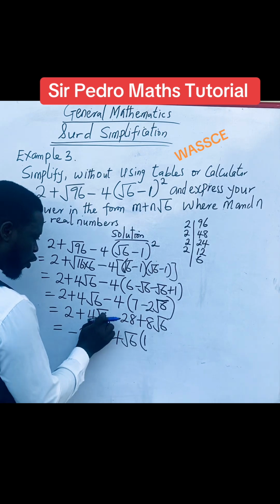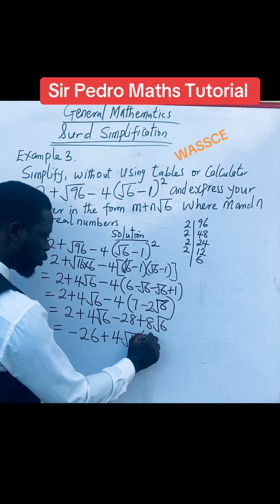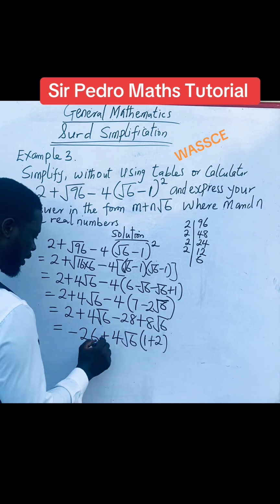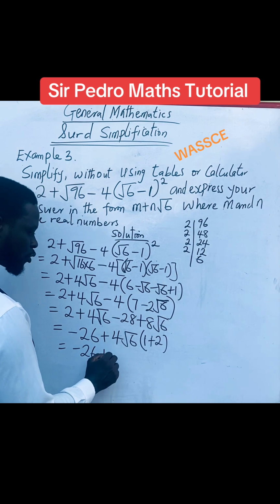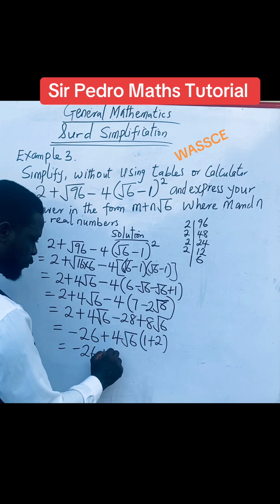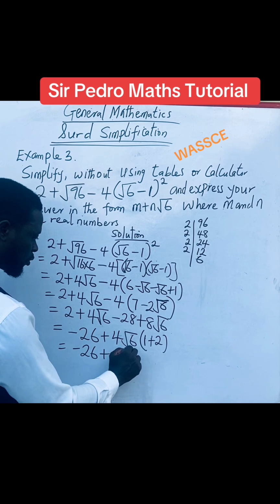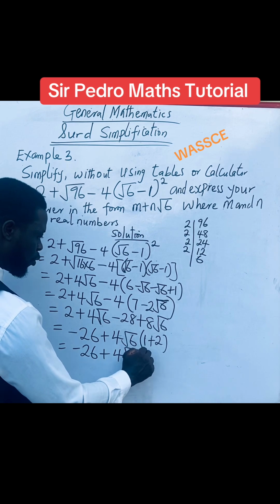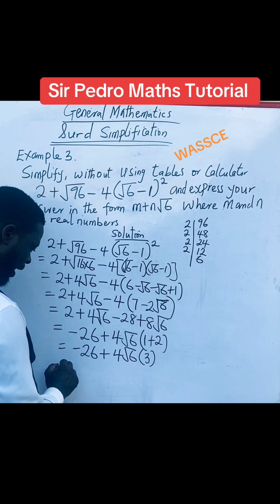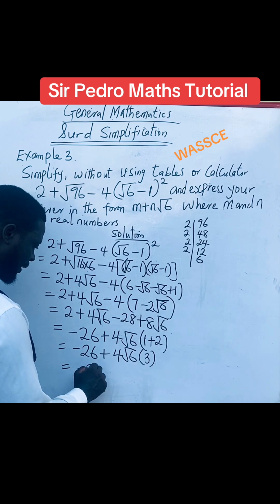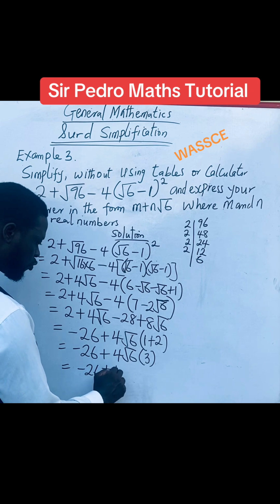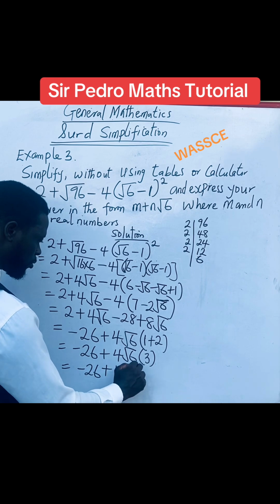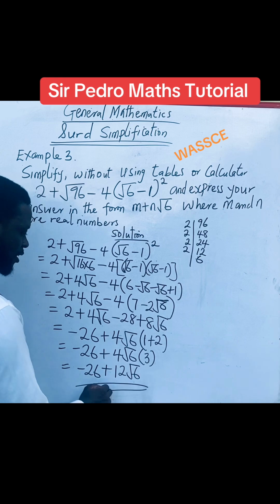So when you take 4√6 out here, you are left with what? 2. Okay. So we have minus 26 plus, so this one now is going to give you 4√6 into 3. So finalize it now, you have −26 plus 3 times 4, 12√6. So this is your final expression.